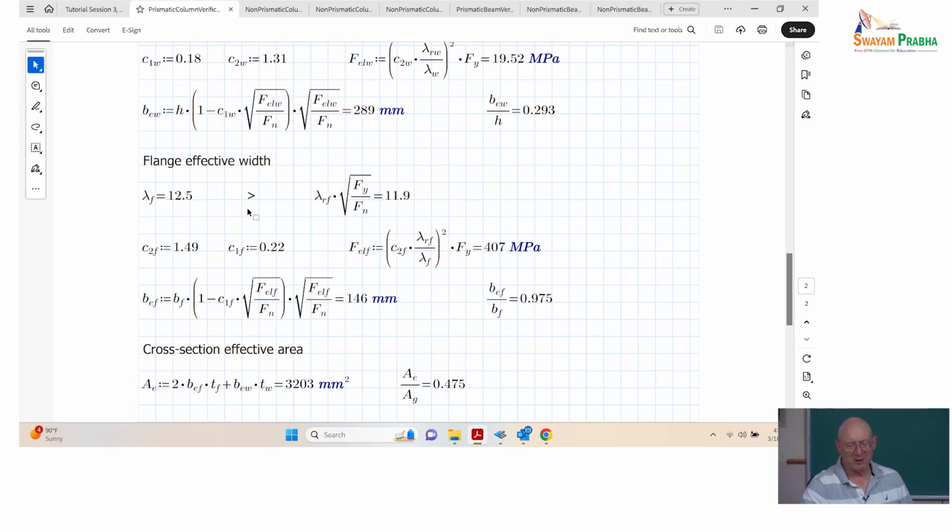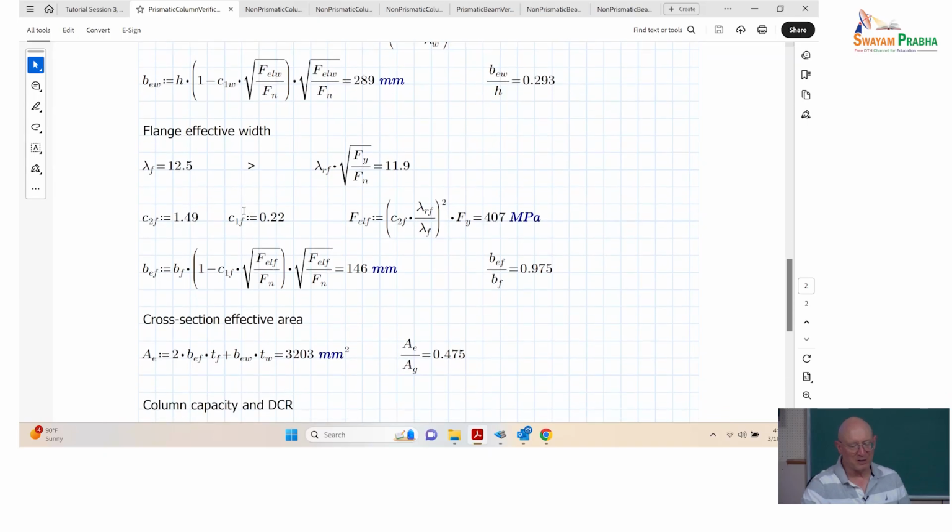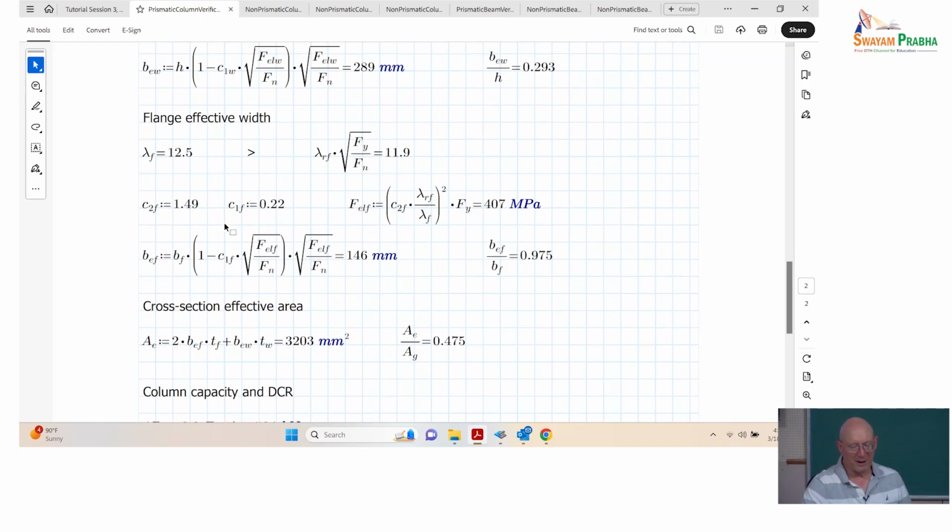We need to do the same thing for the flanges. The flanges are almost to where they're fully effective for the Fn that we've calculated for our column. 12.5 versus 11.9, but we're still going to have to take some reduction in the flanges. So the flange equation uses Winter's coefficient of 0.22.